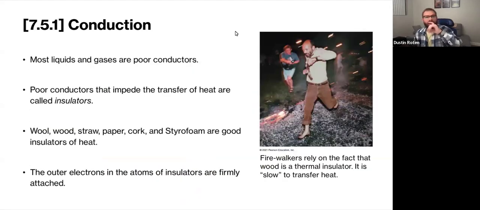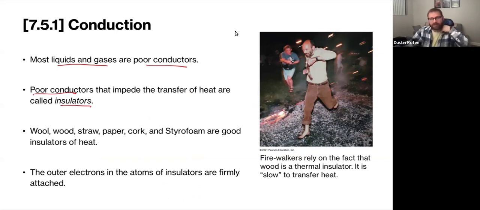Now, most liquids and gases are poor conductors in this way. So poor conductors that impede the transfer of heat are called insulators. Poor conductors or insulators are going to insulate whatever the heat is and not let it leave.